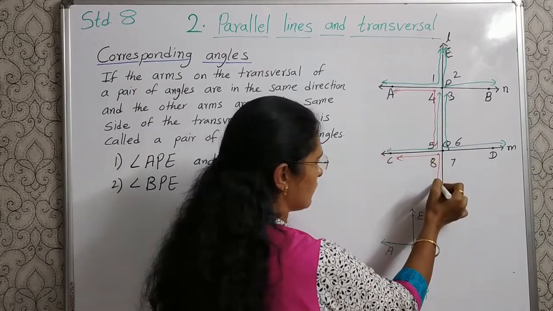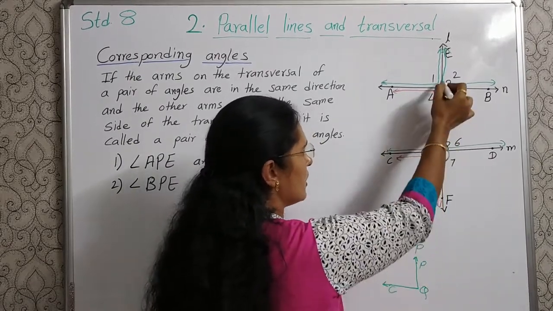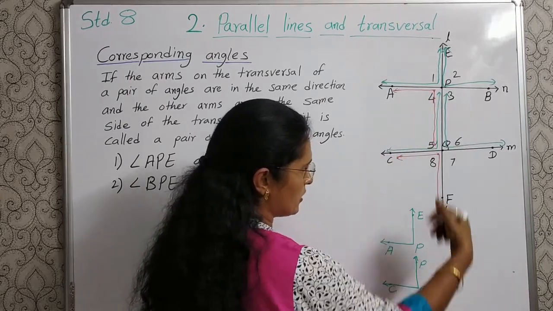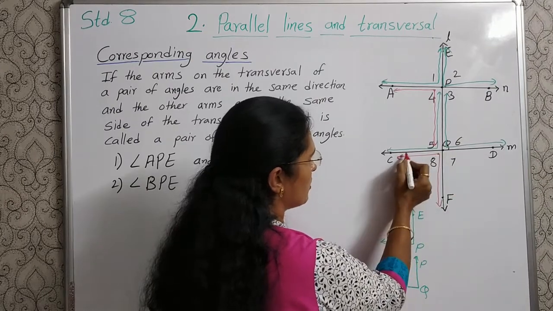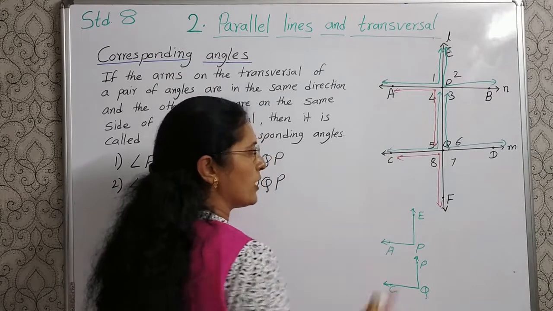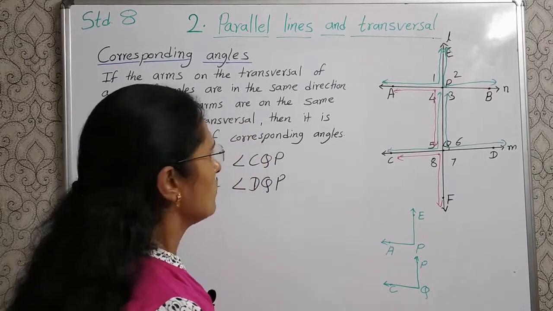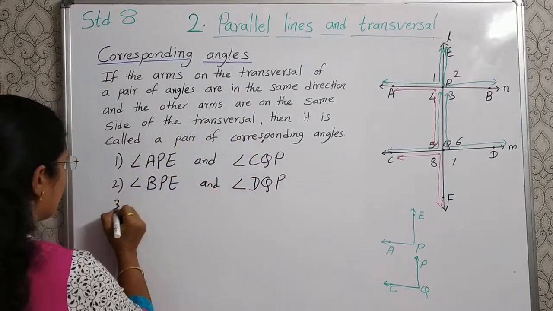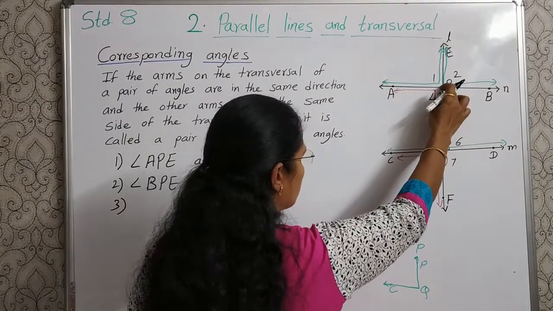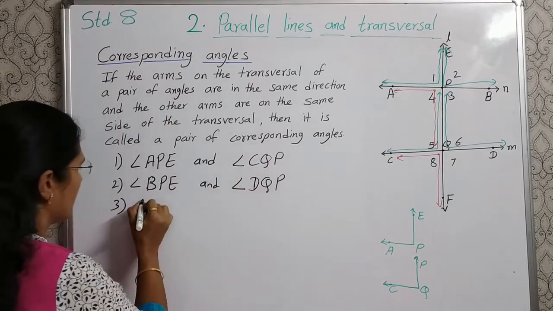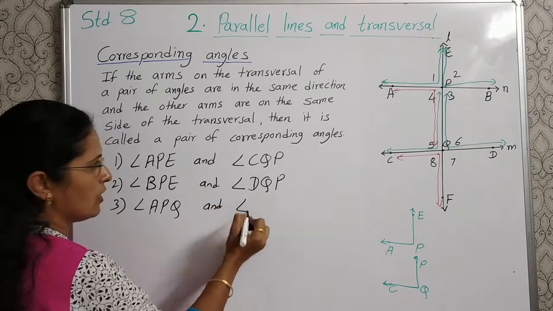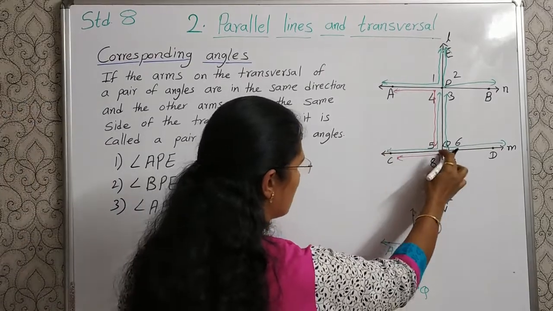One arm of each of these two angles is on the transversal and both are in the same direction, that is the downward direction, and the other arm is on one side of the transversal. So these two angles also make a pair of corresponding angles. The name is angle APQ and angle CQF.